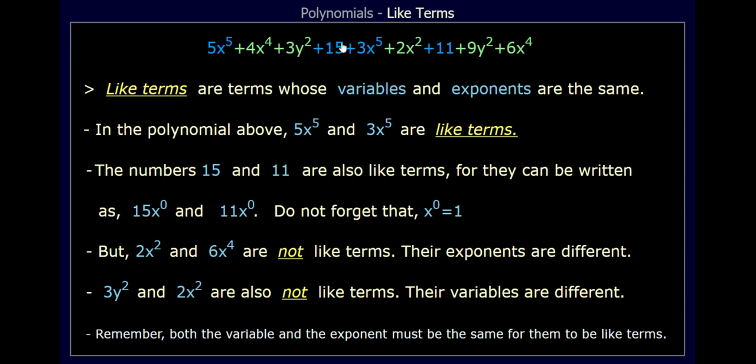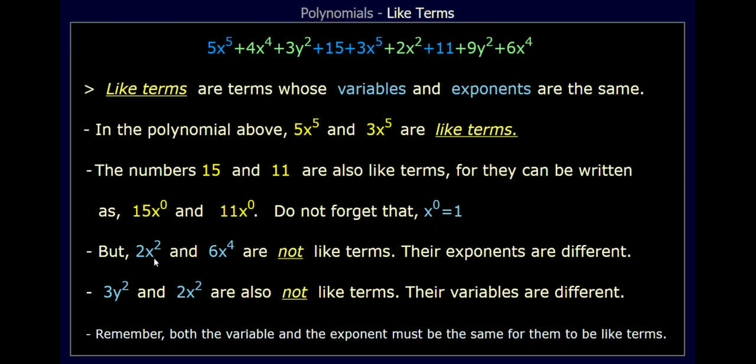All right, so we're starting our discussion on polynomials again. We looked at the definition of like terms. It's very important: terms are like terms if their variables and exponents are the same. I gave you a couple of examples from the polynomial I made. We have 5x to the 5th and 3x to the 5th: same variable, same power. 15 and 11 are the same because I can write them like this.